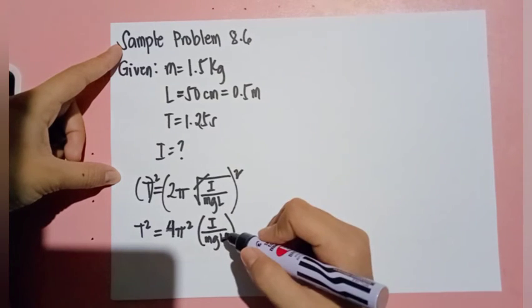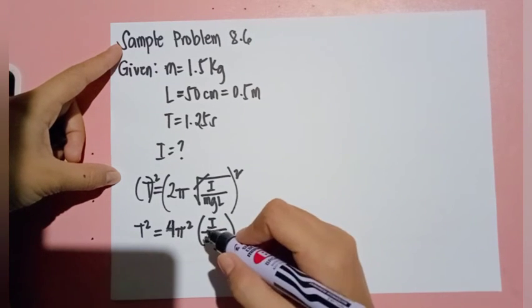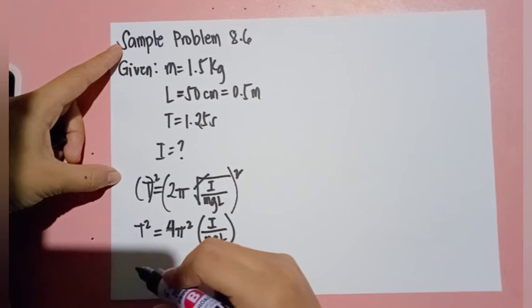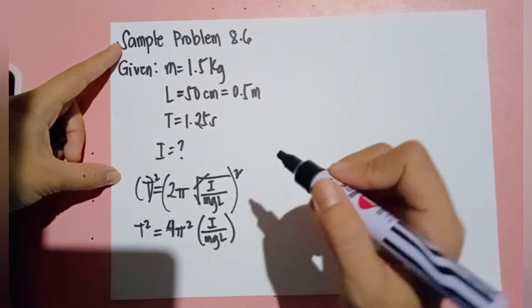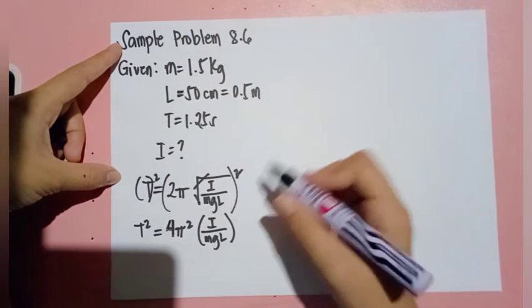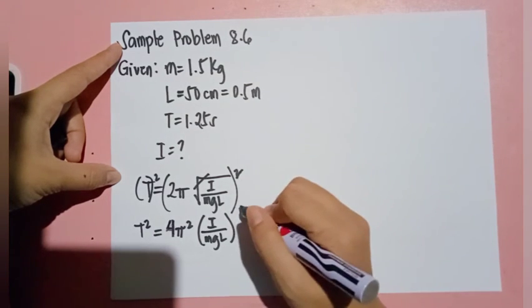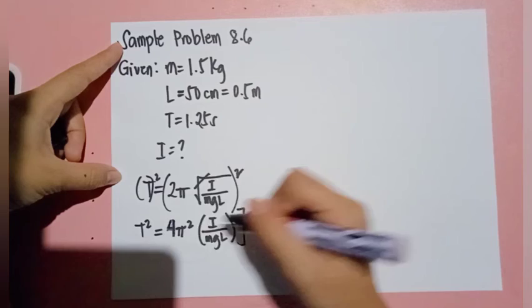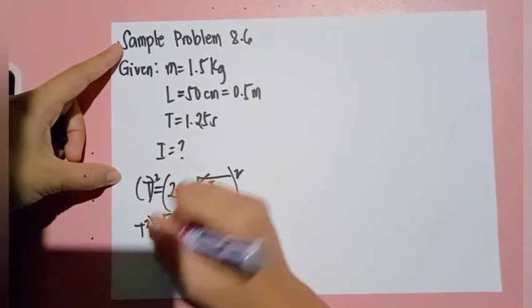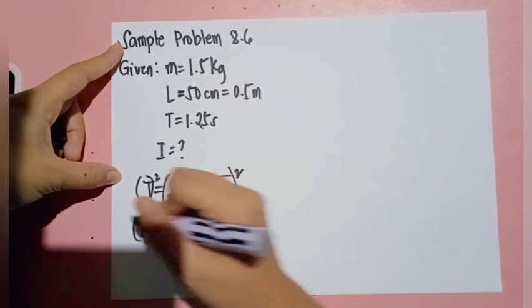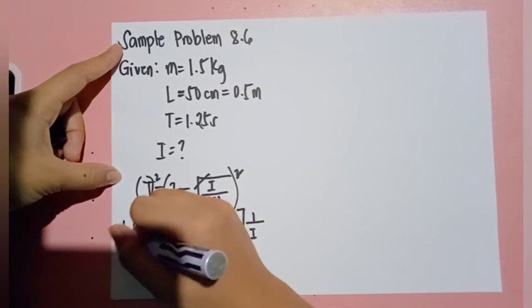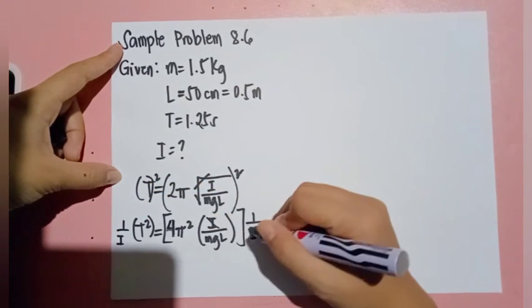Okay. Next, we have to put this I on the other side. Since it is in the numerator, we have to multiply both sides by 1 over I. Cancel.